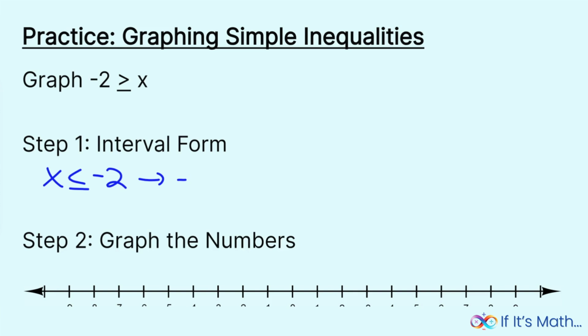Negative infinity, there we go, much better, is less than x. Remember, there's no or equal to ever with infinity. So negative infinity is less than x is less than or equal to negative 2. Getting that into interval notation, you're going to have negative infinity to negative 2. Parentheses always with infinity, and bracket because we have the or equal to.